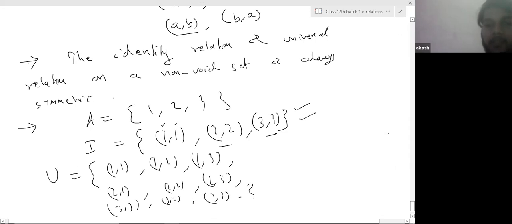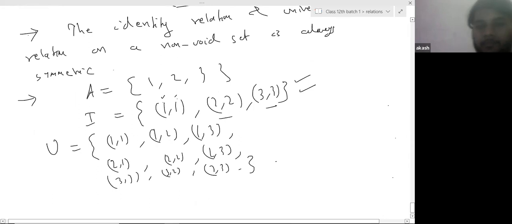Right? This is the universal relation. Is this a symmetric relation or not? Write the answers on the chat. Don't say the answer on the speaker. Please send me on chat if U is a symmetric relation or not.